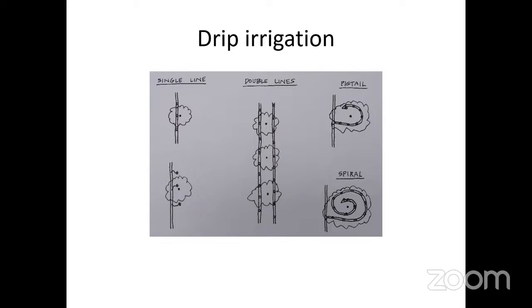In the beginning of the tree growth, when we start planting the seedling, we may use one single line, at least to reduce the cost in the beginning.